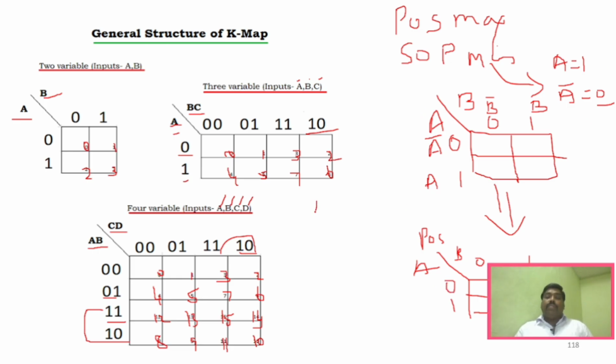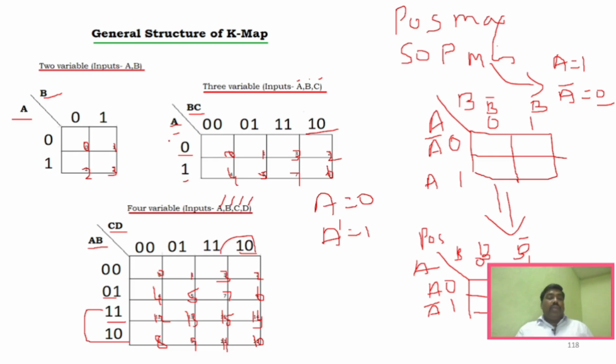For product of sum, A is equal to 0 and A bar is equal to 1. So this will be A and this will be A bar, and this will be B and this will be B bar. So it is very important to understand the structure of the K-map for sum of product or product of sum.